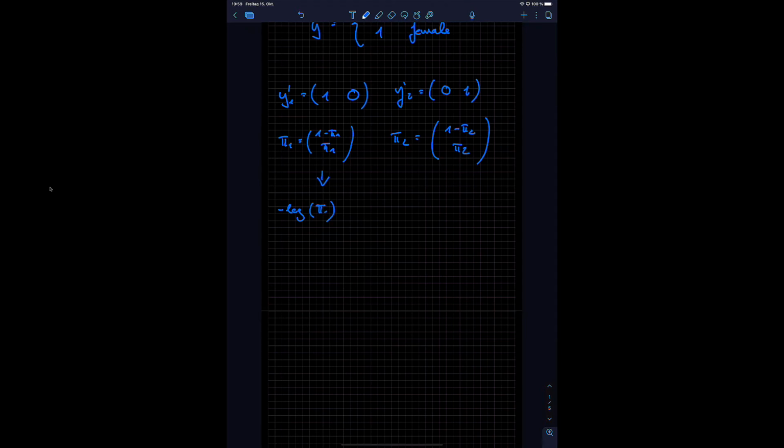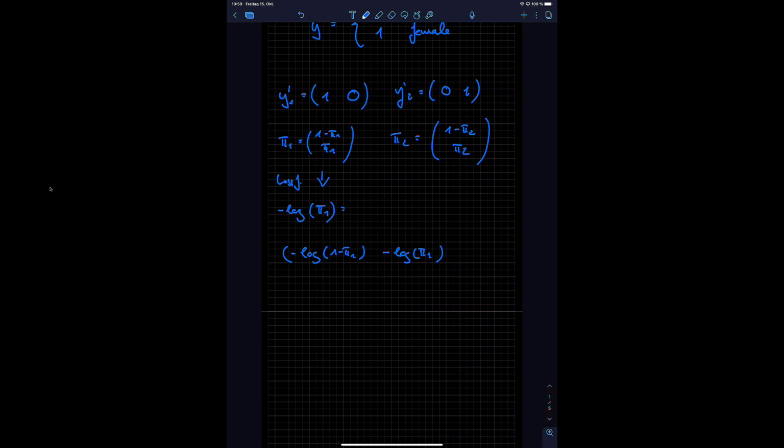So that is minus log of 1 minus the probability estimate that this is a male person, and we have minus log that is a female person. Okay, so this is our probability vector, and that we will use as a loss function. So here, this is the loss function.